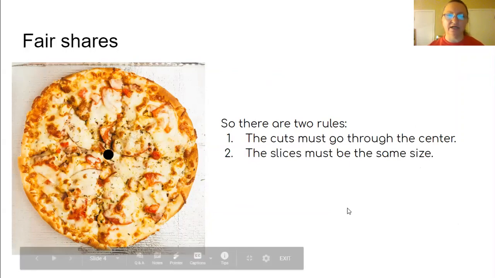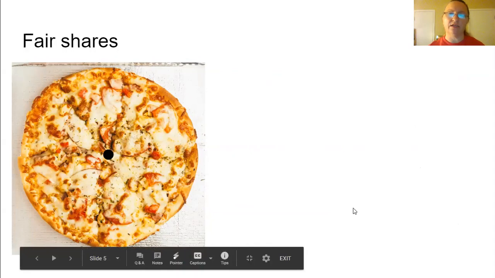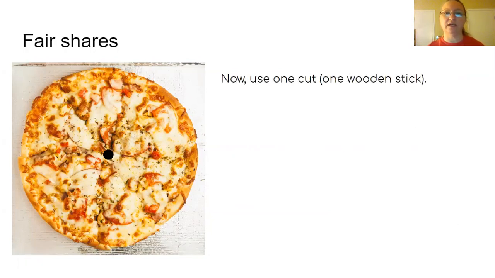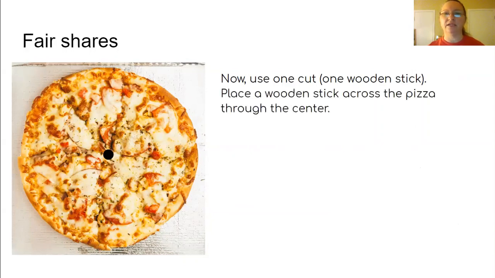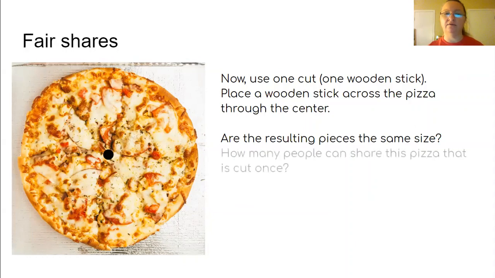And so the students had their various sticks, and we took our stick and we did our very first cut. We had one wooden stick, and we had to place the wooden stick across the pizza through the center. And we made these resulting pieces. So the first question was, are they the same size? And then how many people can share this pizza that is cut once?